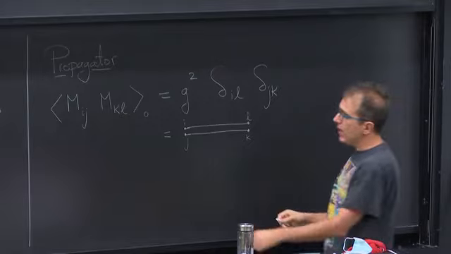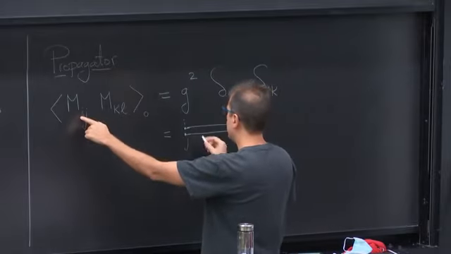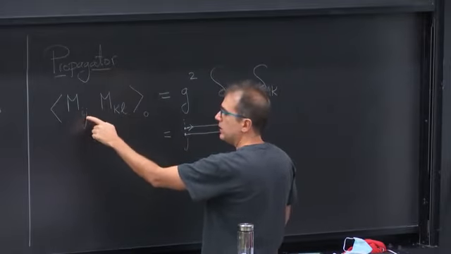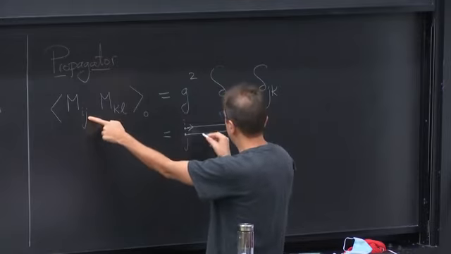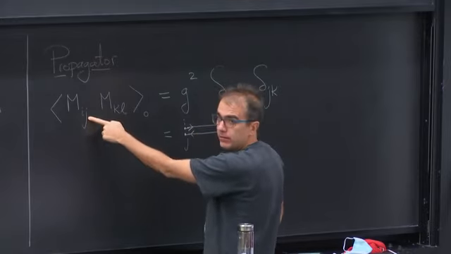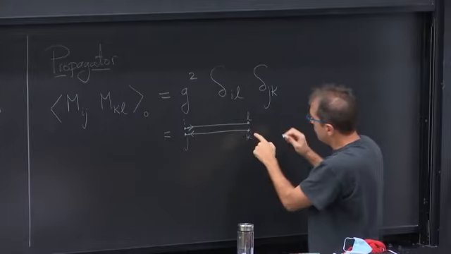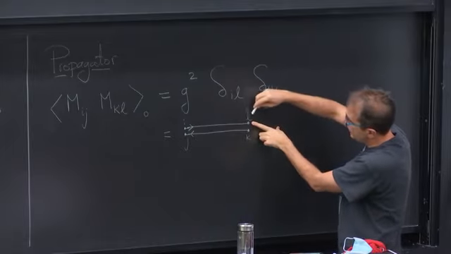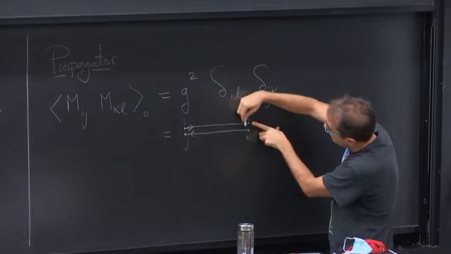And this index i is the first index of the matrix, so let's put an arrow going out. And j is the second index of the matrix, let's put an arrow going in. And then it's nice because l, if I follow the arrow, has an arrow going in, but that was the prescription for the last index, and it is the last index of the matrix. And j, if I want to preserve the arrows, I need to put an arrow going out, so this is the first index of the matrix.